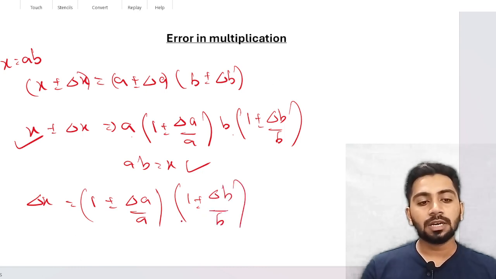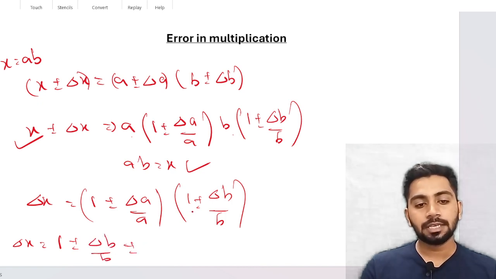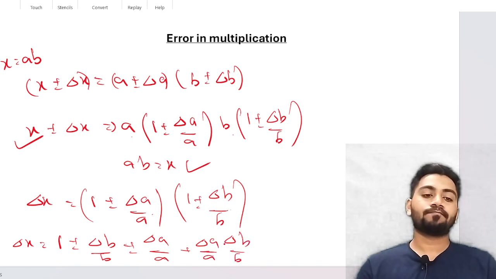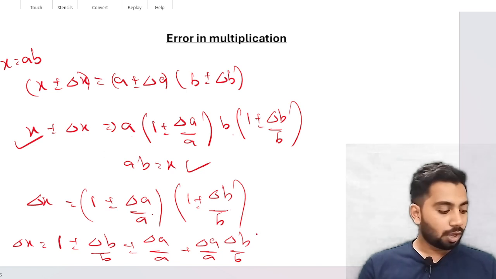Now if we cross multiply this, what remains: first one multiplied by one is simple, and then plus or minus. If I multiply this to here, it will be error a by a. Multiply this to here, it will be plus or minus error a by a times error b by b. So simple case.